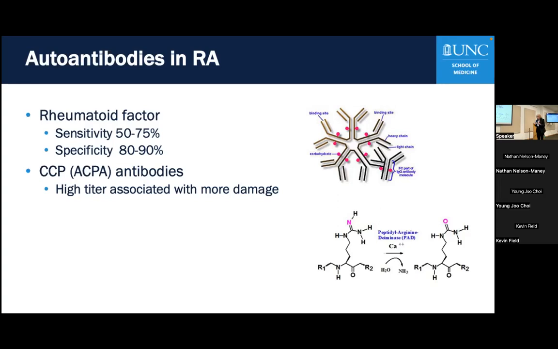And if you have antibodies to these citrullinated peptides and they're present in a high titer, I know, and you know as the doctor taking care of this patient, that that patient is at higher risk of developing joint damage. So our autoantibodies are markers of disease, and then they can also predict outcome.